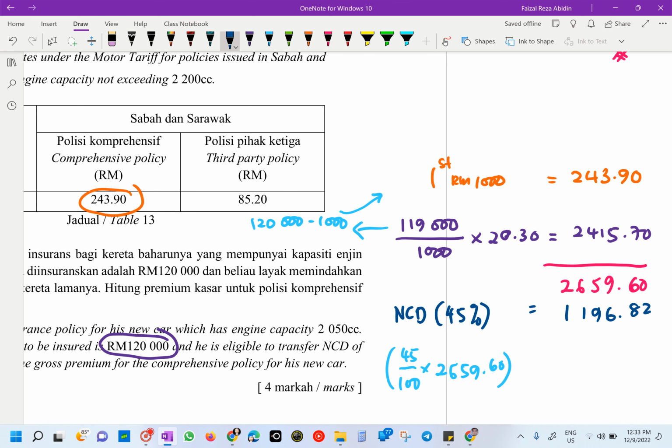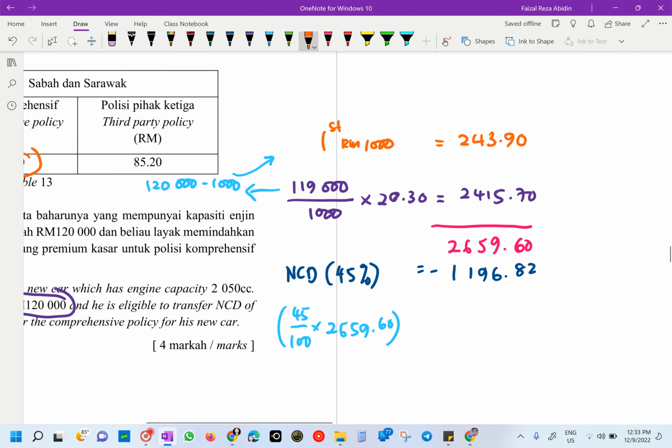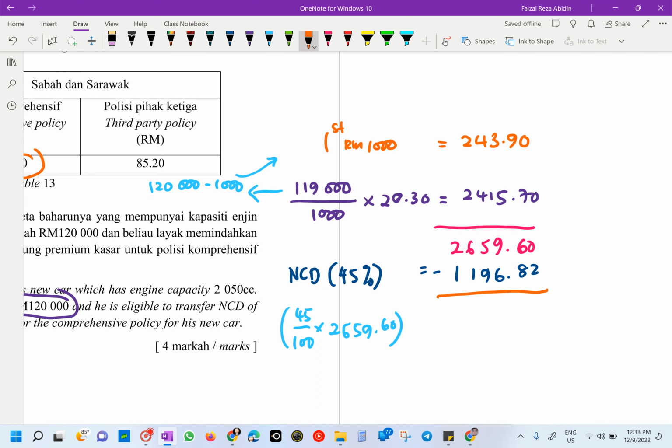So that one is going to be discount. So discount nak tambah ke nak tolak? Tolak. Yes, we are going to minus here. So the total that Haslizam will pay is going to be 1462.78. That's going to be the final answer.